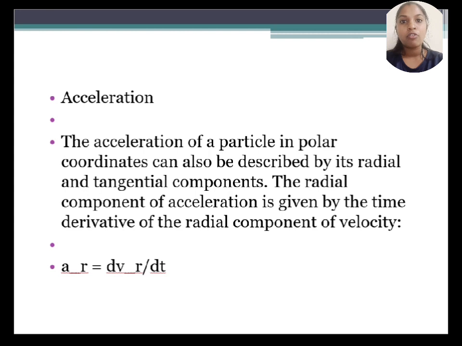The acceleration of the particle in polar coordinates can also be described by its radial and tangential components. The radial component of acceleration is given by the time derivative of the radial component of the velocity, Ar is equal to dVr divided by dt.